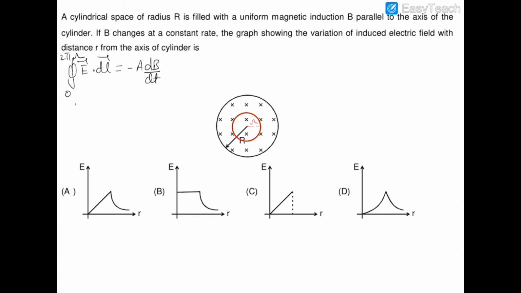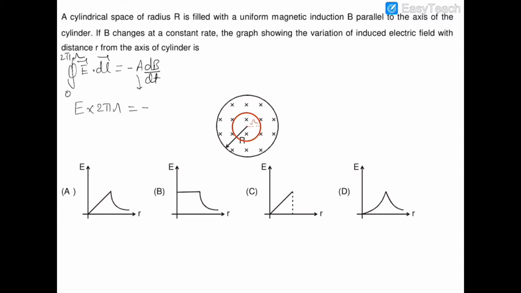So this is E into 2 pi r, because the direction of the electric field and the dl vector is always the same, and therefore the angle between them is 0 and cos 0 is 1. Now this area is the area with which the magnetic field is associated, and it can either be equal to the area of the loop or smaller than the area of the loop.